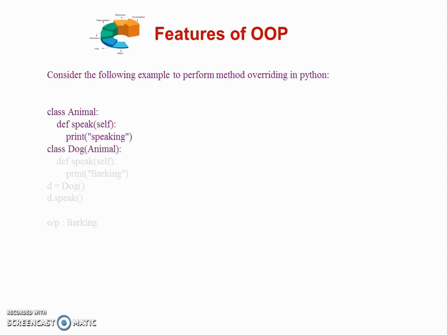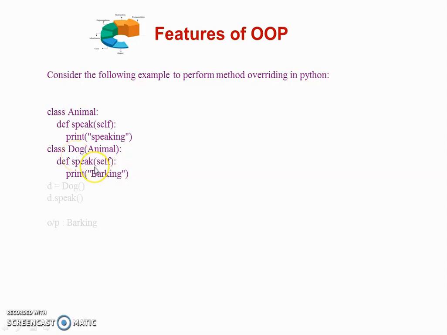And I defined one derived class whose name is Dog, which is derived from the base class Animal. Again I am defining the same speak method, which is a member method of class Dog. So the speak method can be defined in Animal also, and the speak method is defined in the Dog class also.